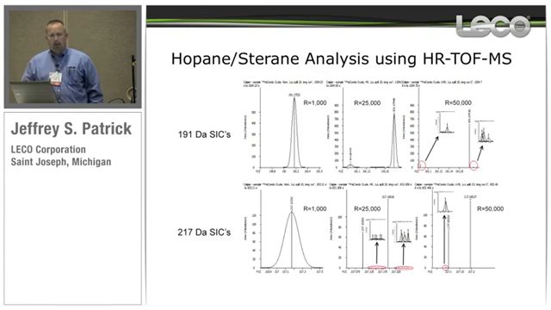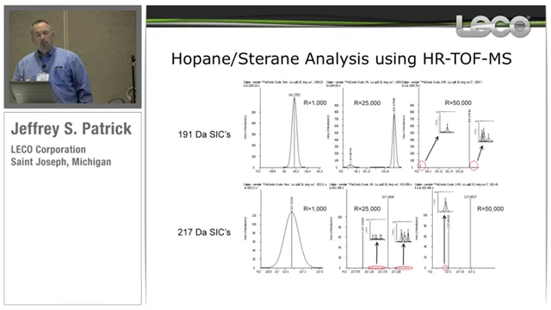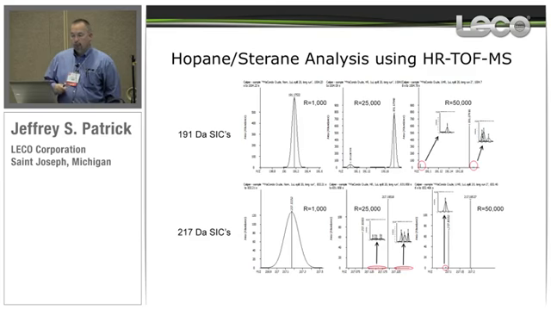Mass accuracy can also be leveraged in other ways. Hopanes and steranes are biomarkers in the petroleum world, often done by nominal mass, here 1,000 resolving power. If we kick this up to 25,000 resolving power on the Pegasus HRT, you can see that this goes to two very cleanly displayed and well-resolved species contributing to this signal.